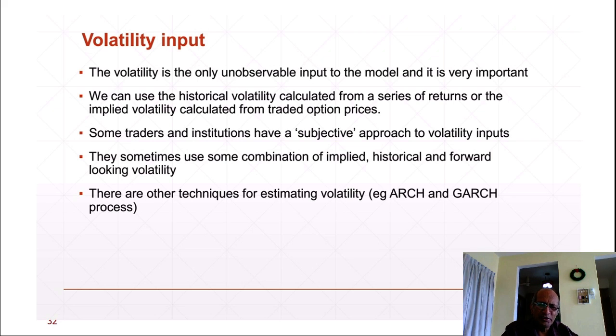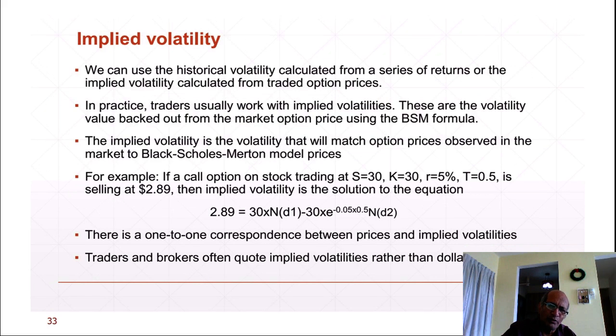Some traders and institutions have a subjective approach in estimating the volatility input, because it's a key thing. Sometimes they use some combination of implied or historical and forward-looking volatility to capture the right one. There are other techniques for estimation using GARCH, which we don't have to cover now.